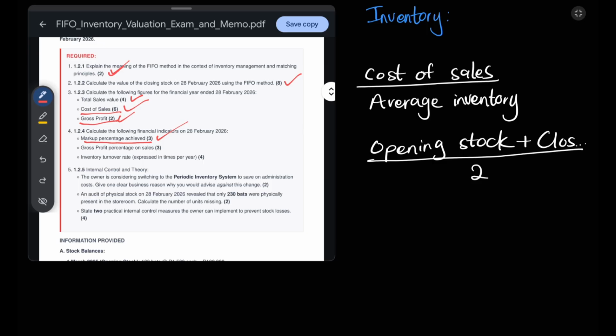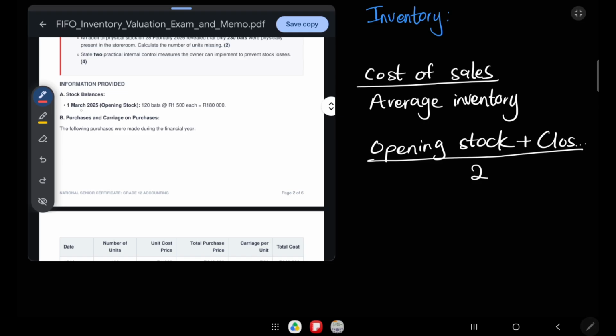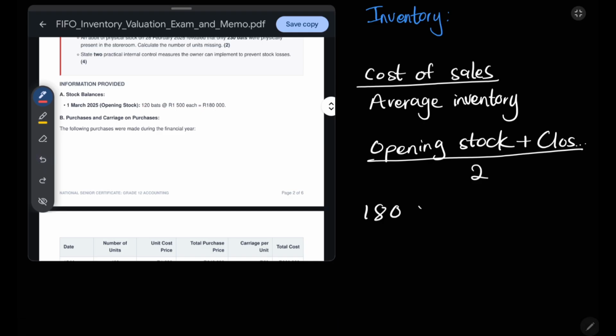So let's find the value of our opening stock. This is our opening stock. They tell you right here in this information. Okay, so we have to say our opening stock is 120 times 1,500. They already give us the amount, they did the calculations for us. So it's 180,000 plus your closing stock.